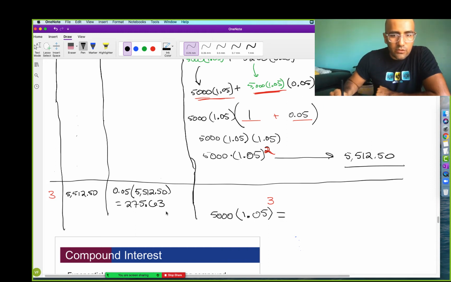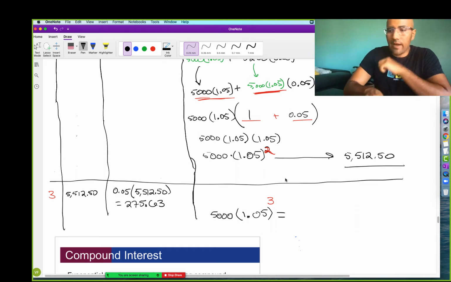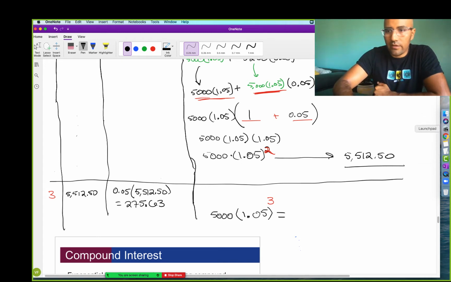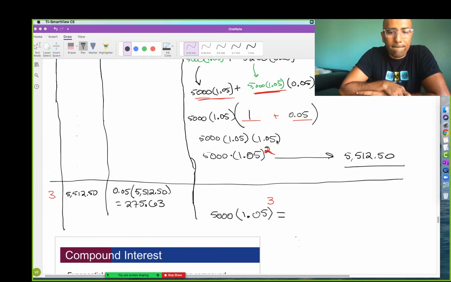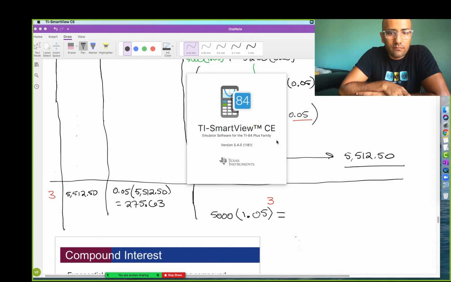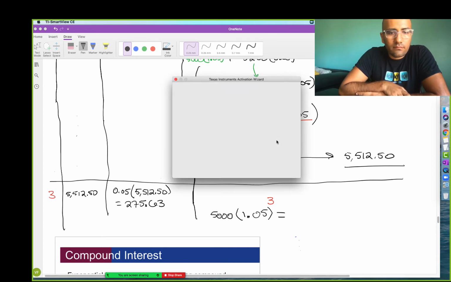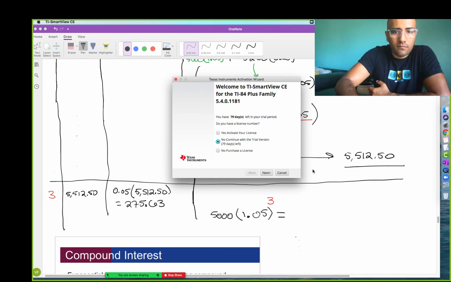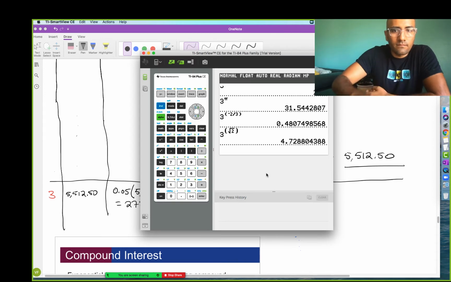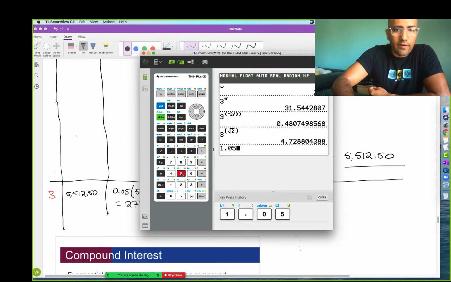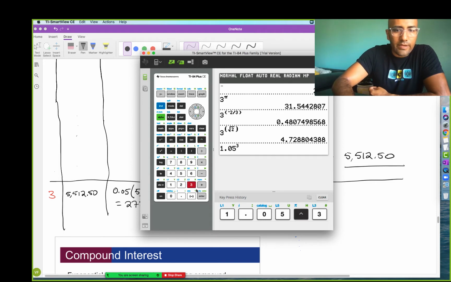And I could add these two together, or I can apply this formula. So when I apply it, it'll be 1.05 to the power of 3 times 5,000. And let's just use our calculator on here. So it's 1.05 to the power of 3.